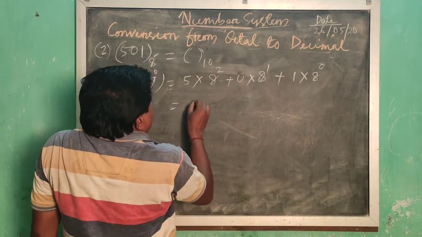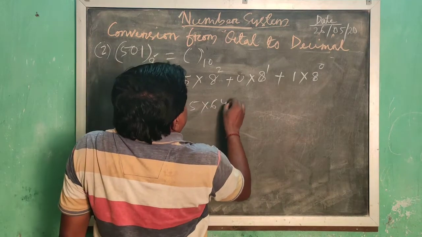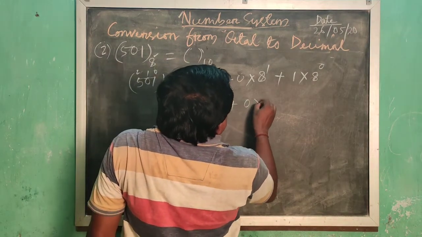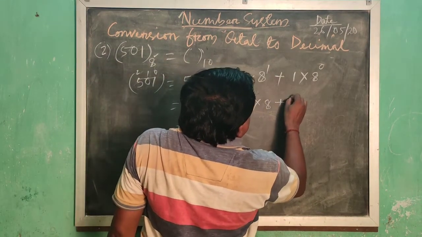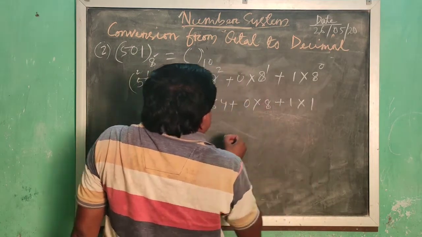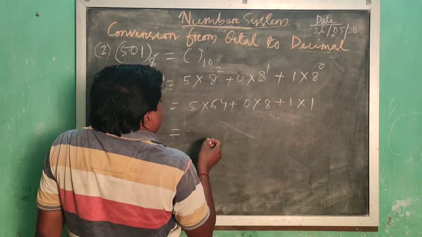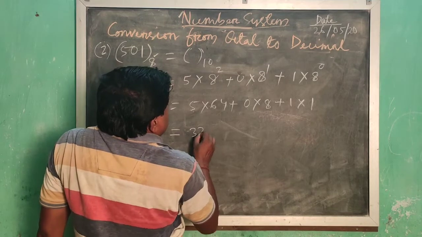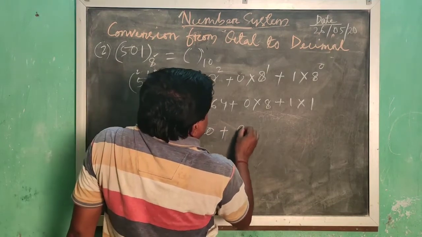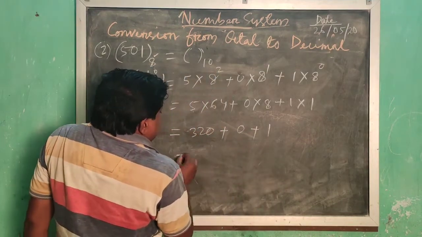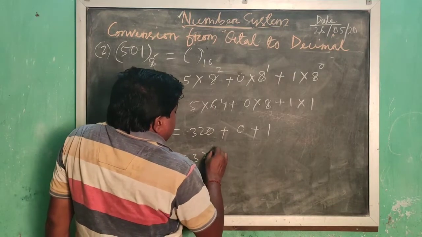Then it will be 5 into 64 plus 0 into 8 plus 1 into 1. Then 5 into 64, it will be 320 plus 0 plus 1. Then it will be 321.